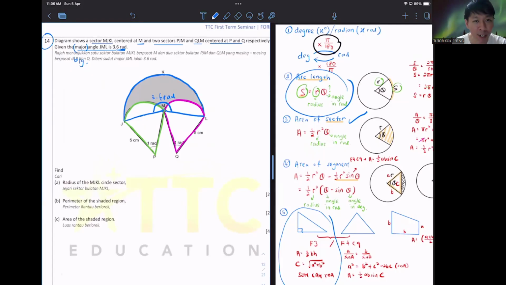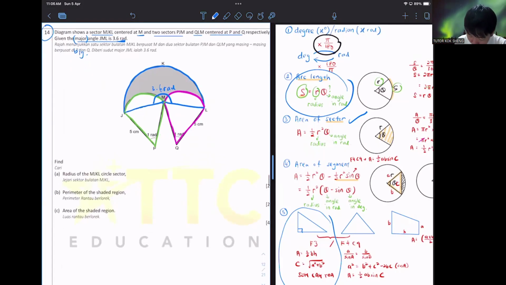Can start part A already, 2 marks. Radius of the MJKL circle sector, the blue one. You're finding this length. These two are the same.